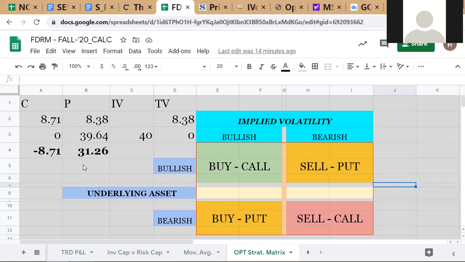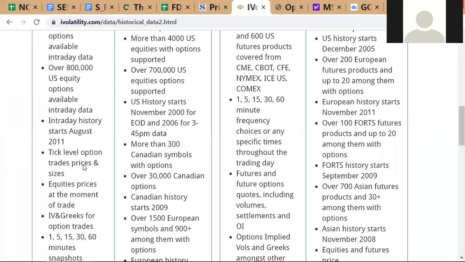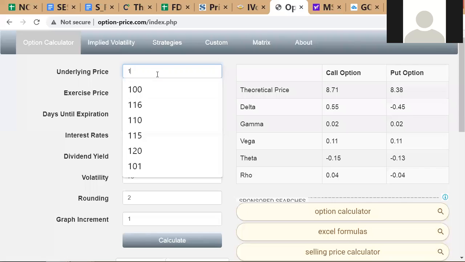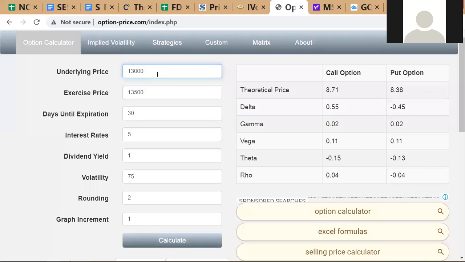No, the answer is again the same old very important formula that I taught you, that option premium is equal to... what are you saying here? The exercise price is 13,500. Now it's not cheaper if you're buying a put. You're talking about the index at 13,000, and your exercise price is 13,500.